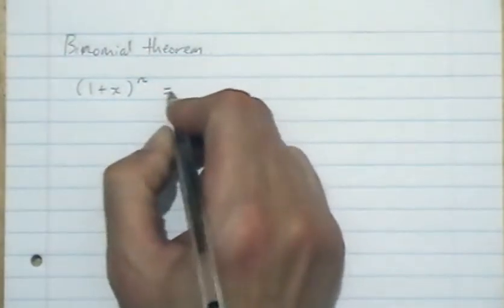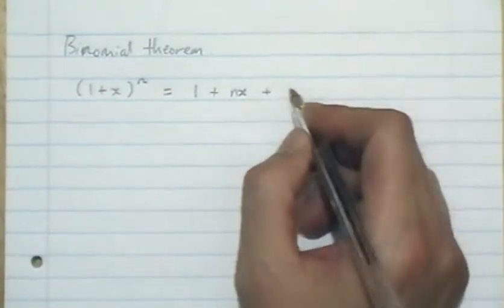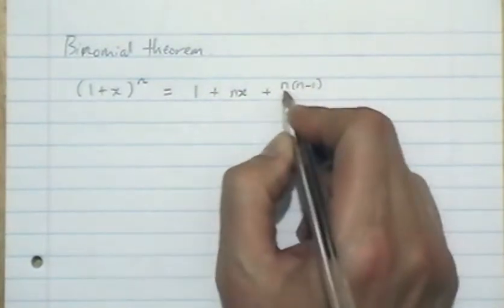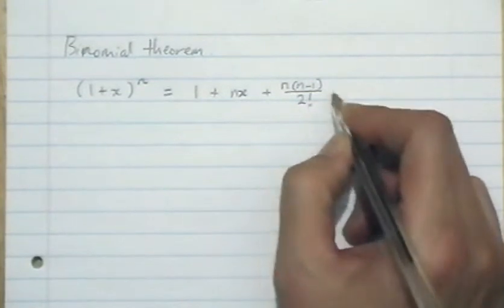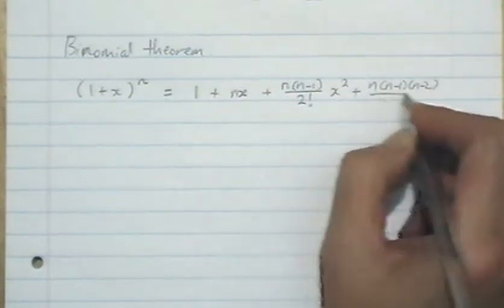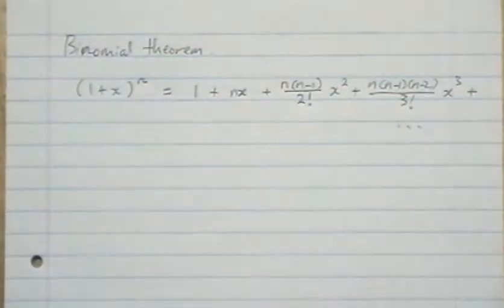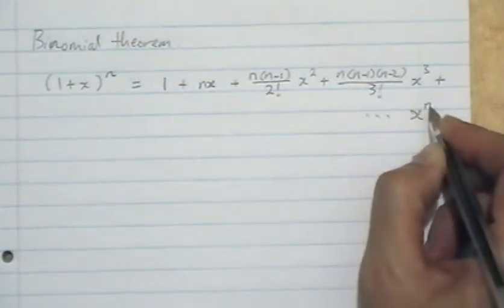It says that if I have (1 + x)^n, where n is an integer, then this is equal to 1 + nx + n(n-1)/2 factorial times x squared + n(n-1)(n-2)/3 factorial times x cubed + dot dot dot, until the last term would be x to the power of n.